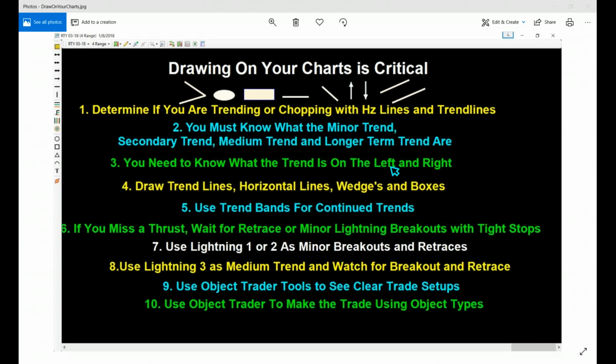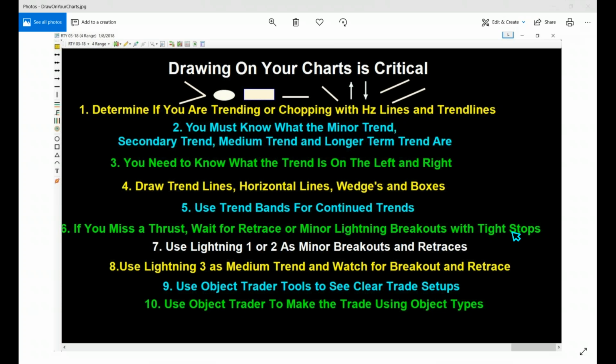You need to know what the trend is on the left and the right. I had a webinar a few weeks ago about that. You want to draw trend lines, horizontal lines, wedges, and boxes on your chart. You want to use your trend bands for your continued trends. We'll talk about quite a bit of that today. And if you miss a thrust, you've got to wait for the retrace or minor lightning breakouts with tight stops.